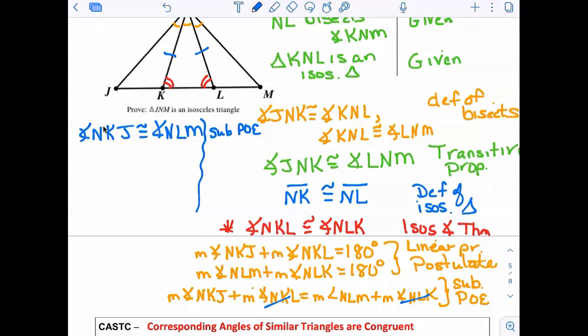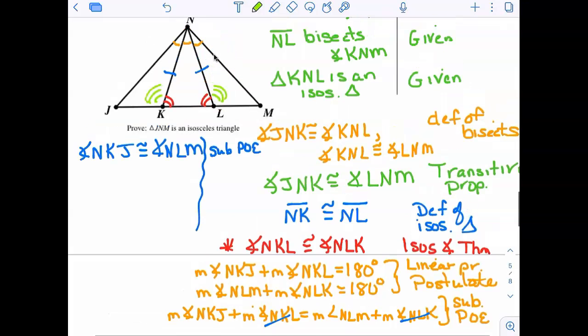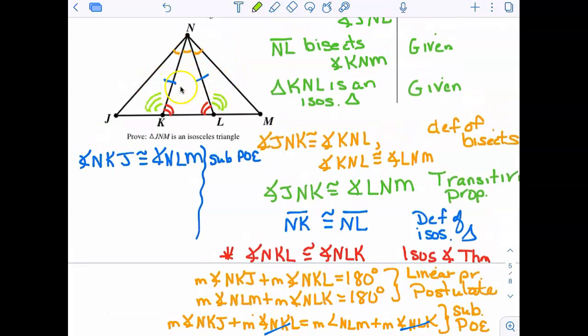Okay. Now, next thing, now that we've proven that these two angles are congruent, and let me mark those. So this is congruent to this. So now we can state these two triangles on the outside here are congruent because we've got angle, side, angle.